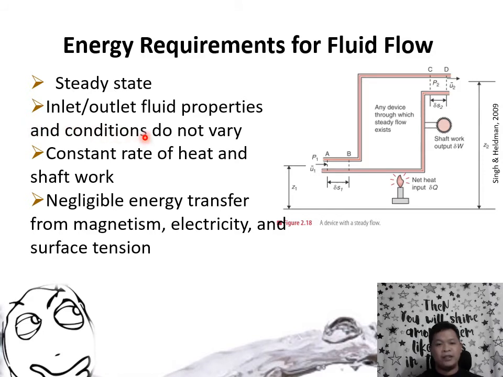If there is a rate of heat or shaft work, then they should be constant so that we could account for them. Okay. And then energy transfer is negligible from sources such as magnetism, electricity, and surface tension. Okay. So pretty much based din sa Bernoulli equation plus na yung pag-compute ng energy requirements.